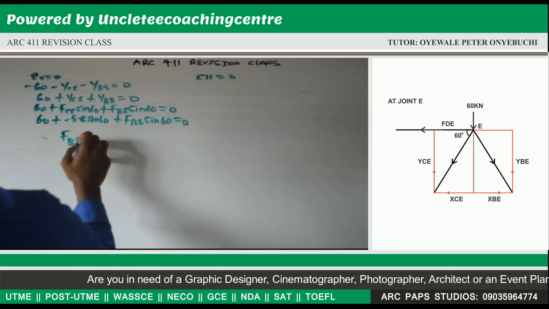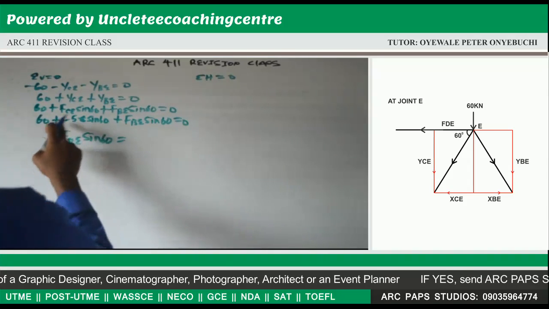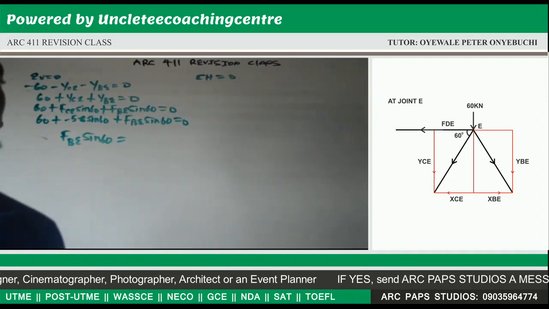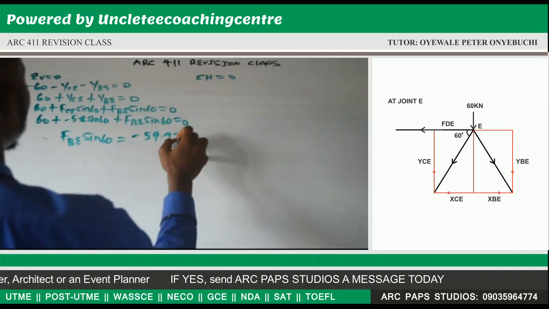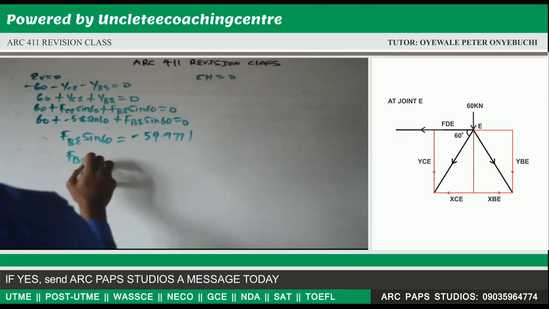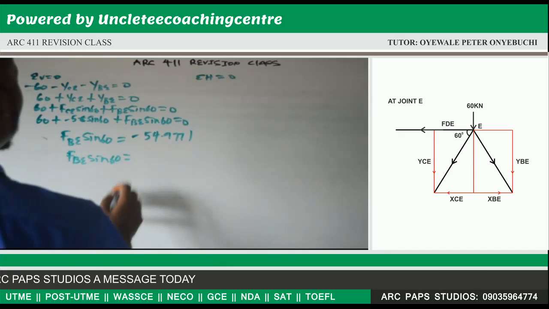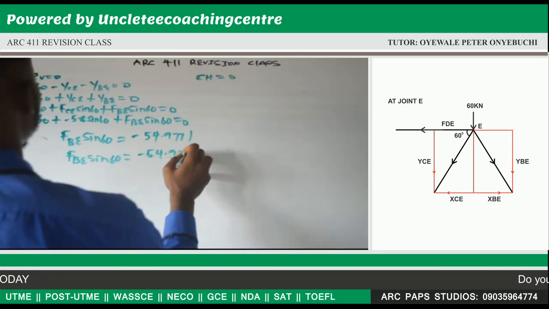Our FBE sine 60 will then give us 60 plus minus 5.8 sine 60, using your calculator will give you minus 54.9771. Now it means our FBE sine 60 is equal to minus 54.9771.